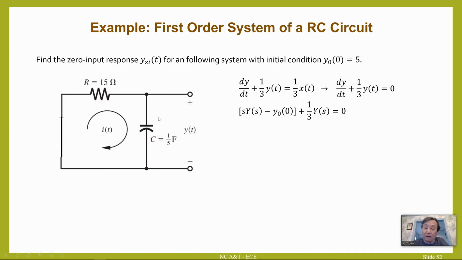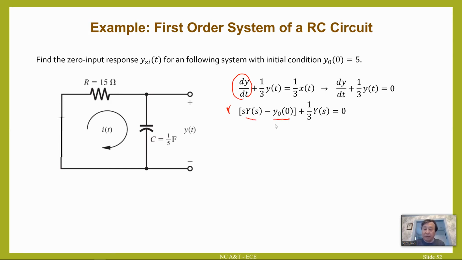From here, everybody knows about this guy, right? So for this one here, s times y of s minus the initial condition, plus, this has no derivative, so 1/3 y of s equals 0.